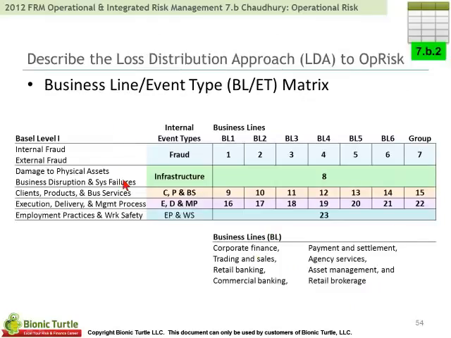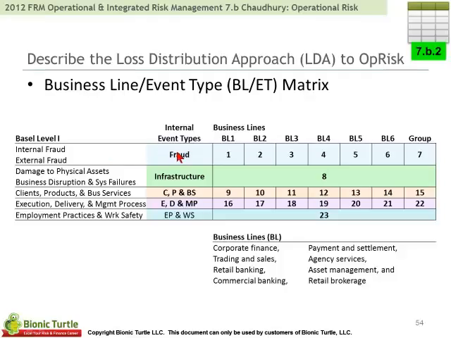And so those cells, a key aspect there is we have business lines and then event types, and Basel has 7 event types, 1, 2, 3, 4, 5, 6, 7. Typically the bank will not necessarily want to use all 7, but they may define an internal event type as fraud and map that to both internal and external fraud for the Basel.